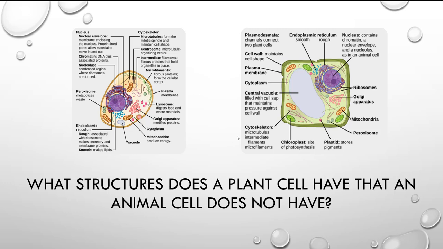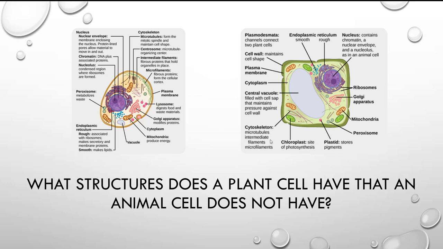Also, looking at color, do you notice anything green that sticks out? You might notice the chloroplasts. So the chloroplast, something we don't have because we don't photosynthesize. Okay. What else do plants have that animals do not? You might notice this large structure in the center called the central vacuole. We have small vacuoles, but we don't have a large central vacuole.